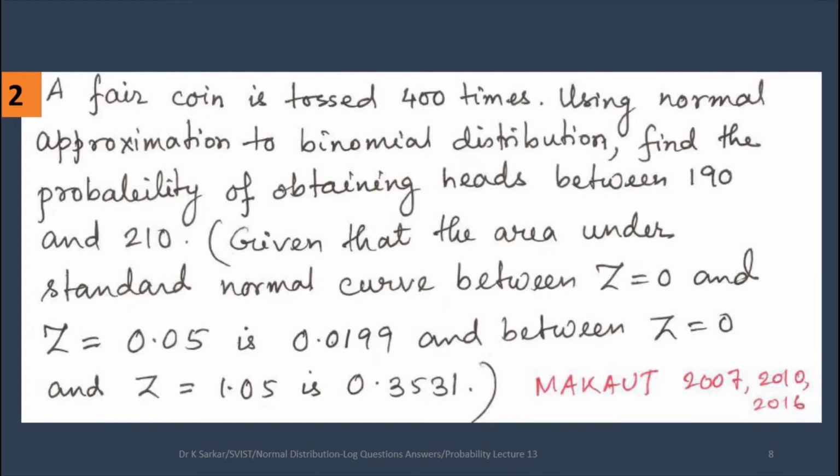Total number of tosses is given as 400 times. So n equals to 400 here, and tossing of a coin gives two outcomes, head or tail. So probability to get a head, that is small p, is half, and to get a tail is also half, that is q equals to half.